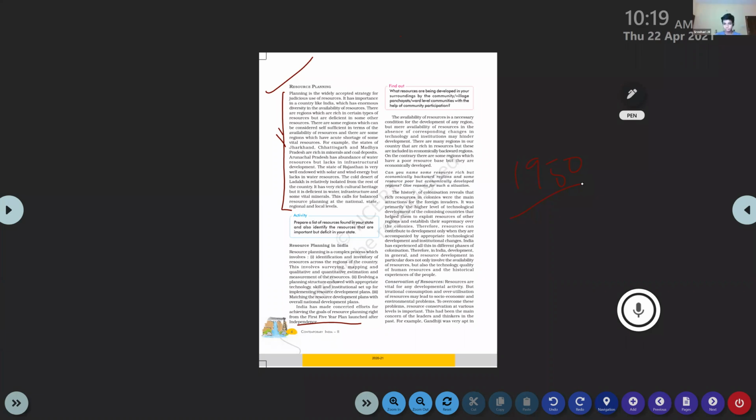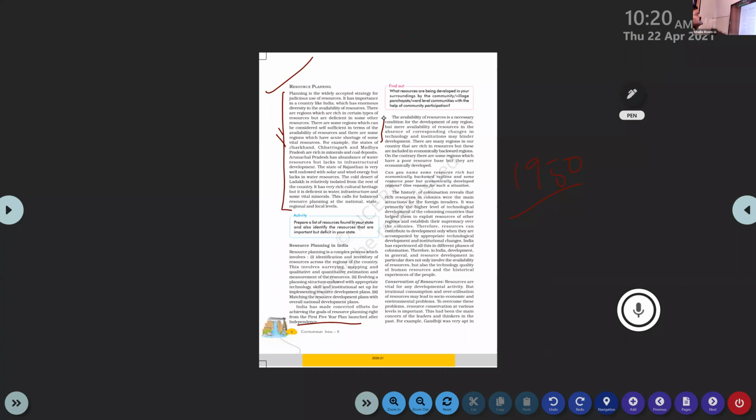Here, the availability of resources is a necessary condition for the development of any region. But mere availability of resources, in the absence of corresponding changes in technology and institutions, may hinder development. So we need resources for development, but improper use of resources, technology and institutions will create problems for development.